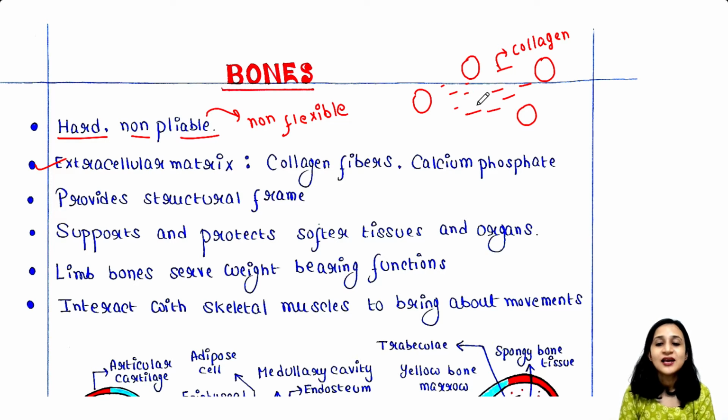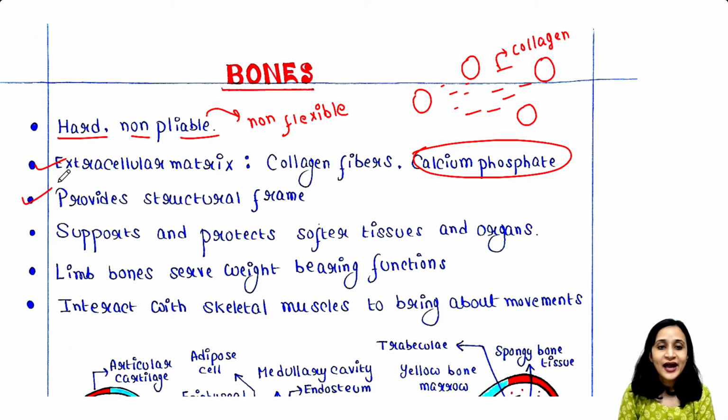One more thing you will get in the extracellular matrix is calcium phosphate. So calcium phosphates are also found in the extracellular matrix of bones. In case of cartilages, we have seen that collagen fibers were there and elastin fibers were there, but in bones mainly you will get collagen fibers and calcium phosphate.